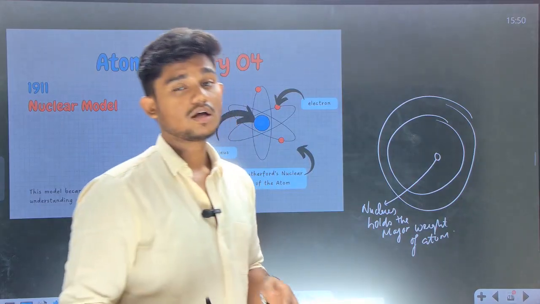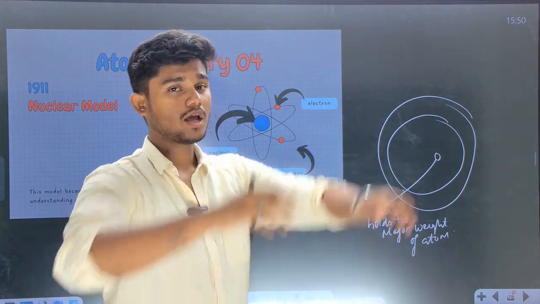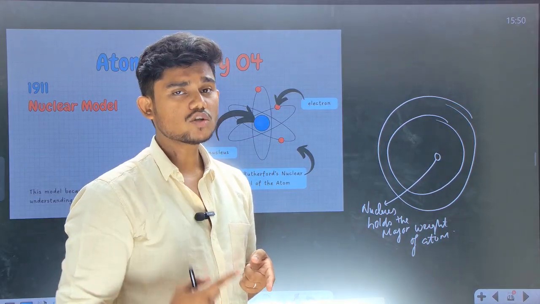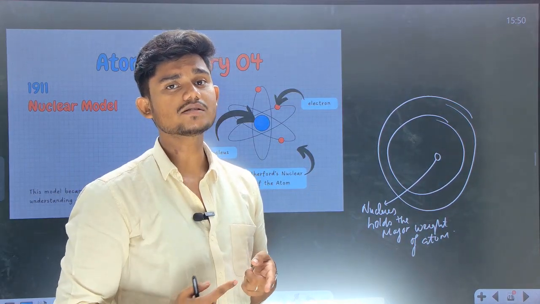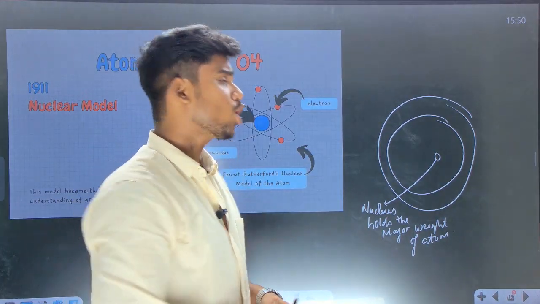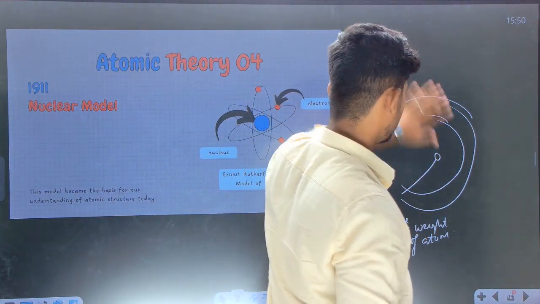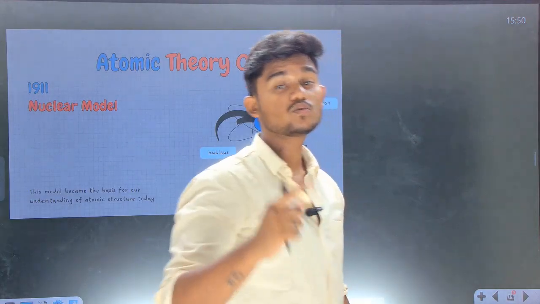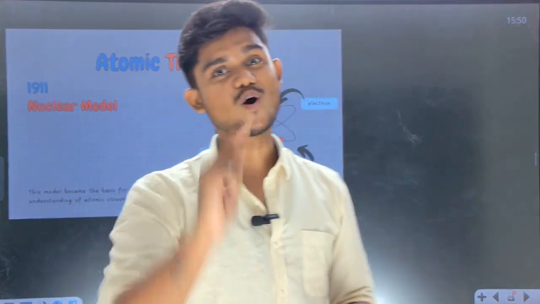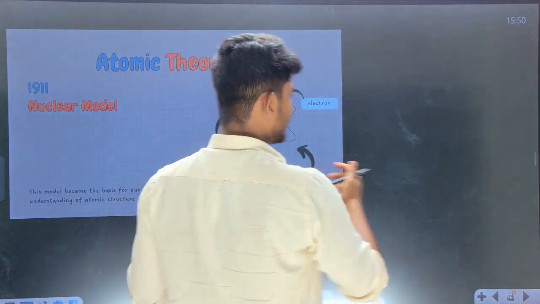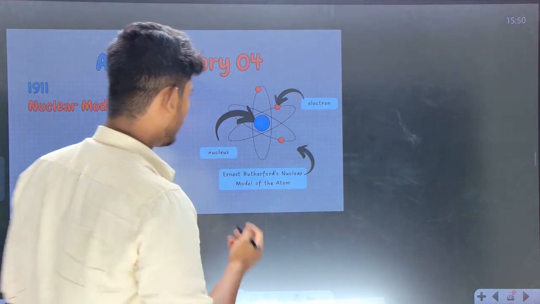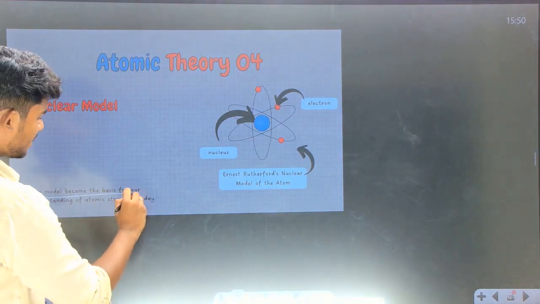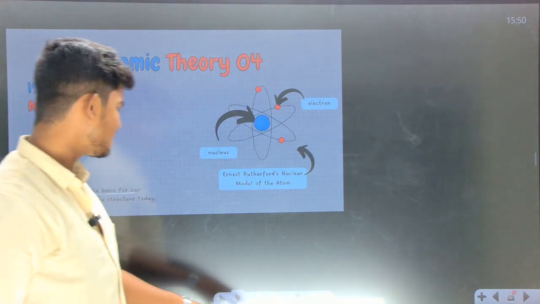But the drawbacks were that Rutherford failed to explain how electrons could revolve around the nucleus without getting tired, according to classical physics. Rutherford's drawback was very interesting, and the person who overcame that limitation is also very interesting. This model became the basis of our understanding of atomic structure.